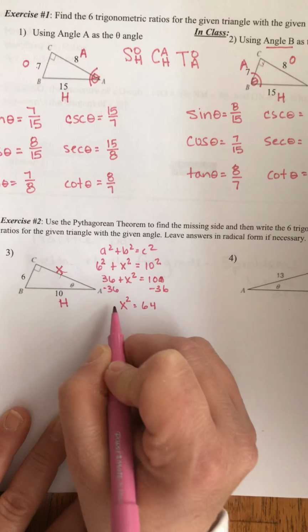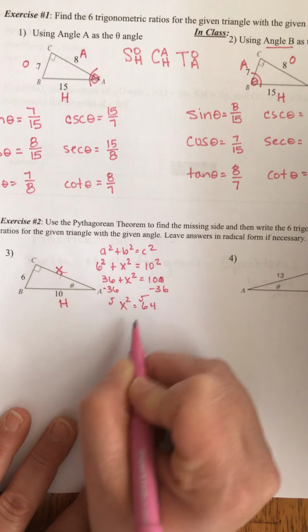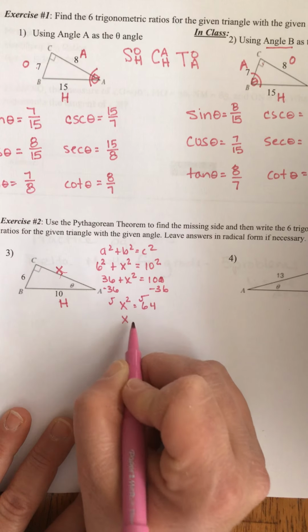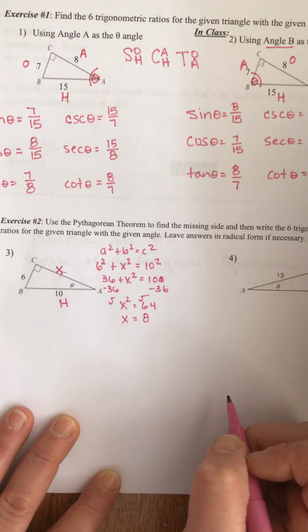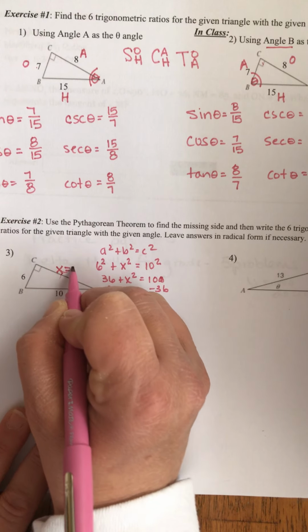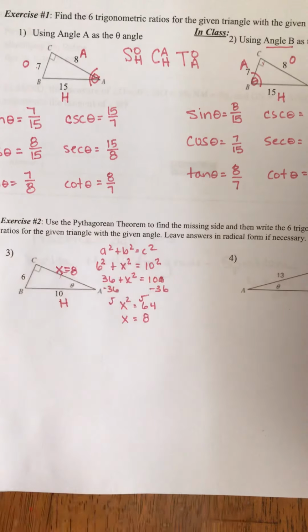And I have x squared equals 64. I'm going to take the square root of both of those. The square root of 64 comes out to an even 8. Right? So our missing side here has length 8.